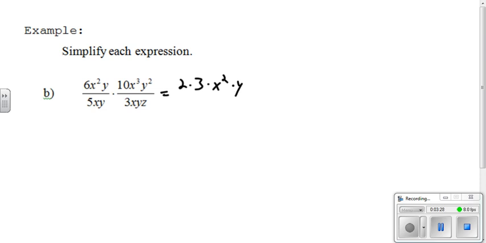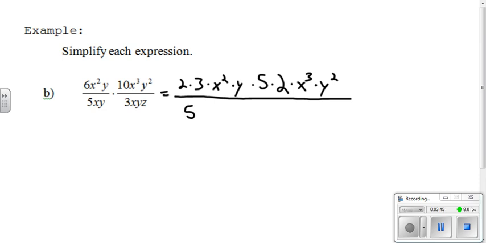So x squared and y. Still across the top, 10 becomes 5 and 2, x cubed, and y squared. So that's our numerator now. Multiplying right across the denominator, we have 5 times x times y times 3 times x times y times z.